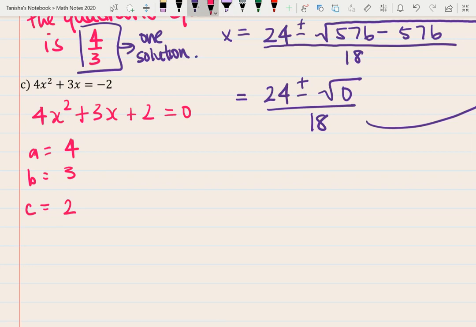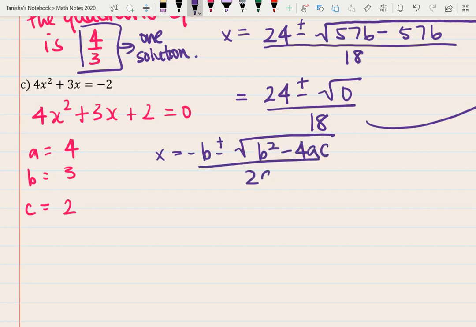Applying our quadratic formula, again, x equals -b plus or minus the square root of b squared minus 4ac all over 2a. And substituting in our values for a, b, and c, we get x equals -3, right?